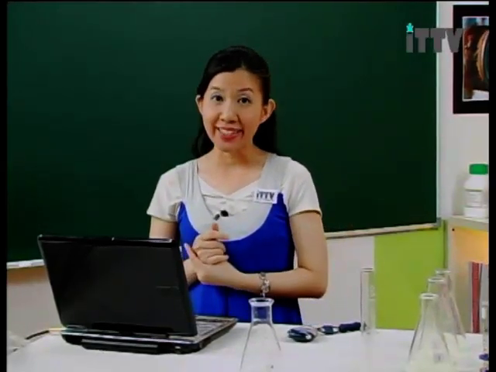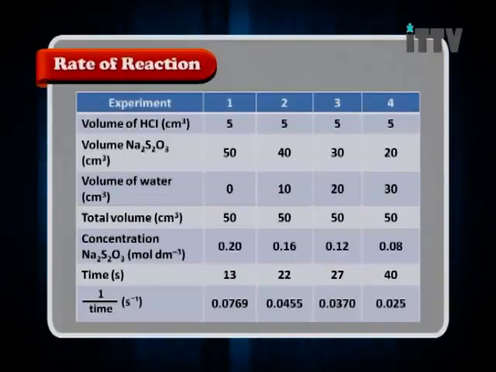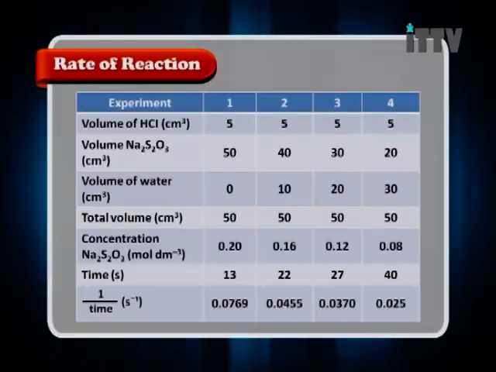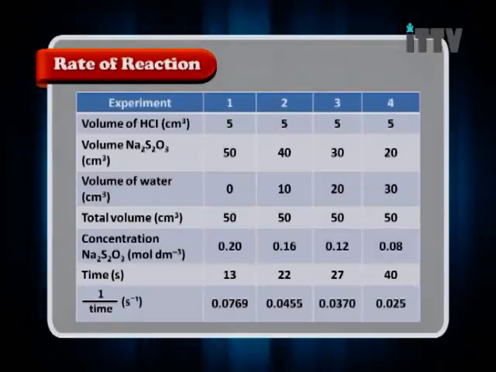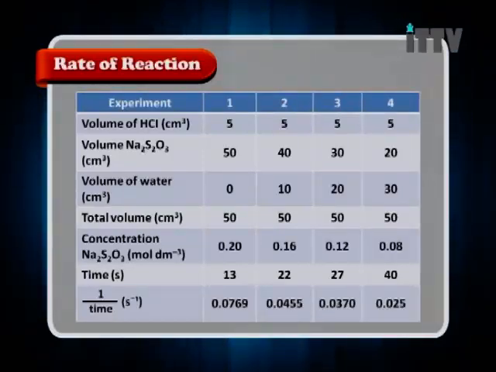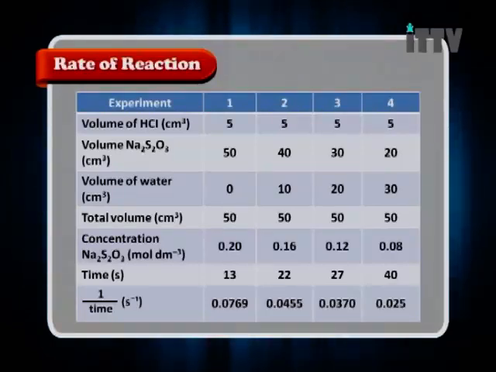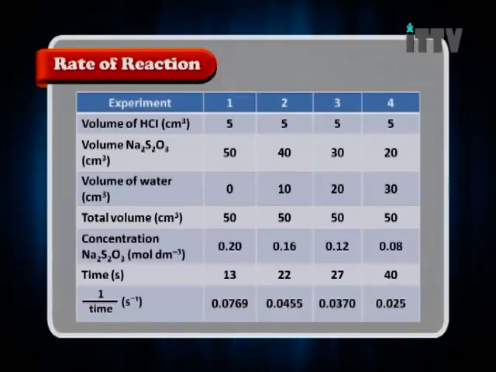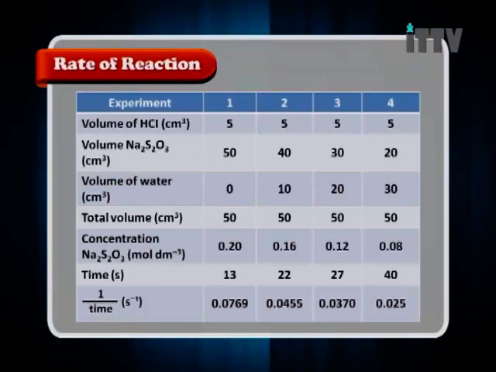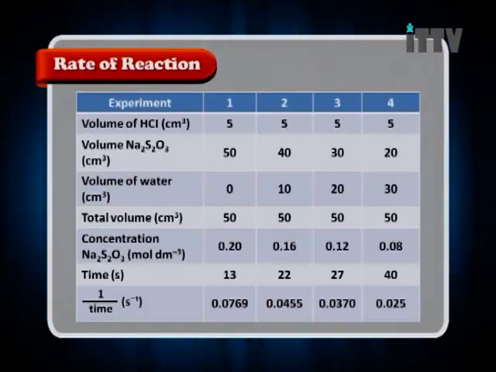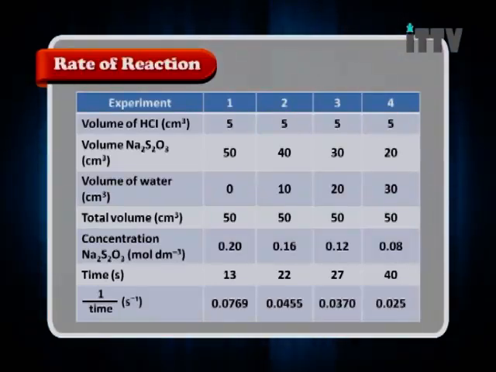Okay, I will then calculate the 1 over time from the time taken. For the first experiment, it takes 13 seconds. For the second experiment, it takes 22 seconds. For the third experiment, it takes 27 seconds. For the fourth experiment, it takes 40 seconds.